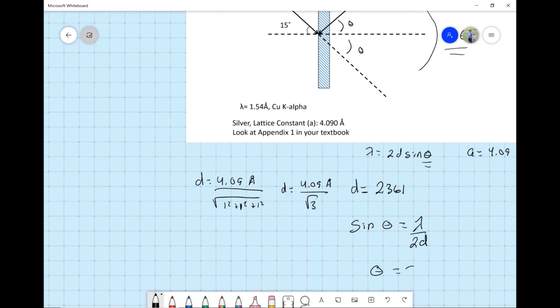Theta equals sine inverse of lambda over 2 times 2.361.